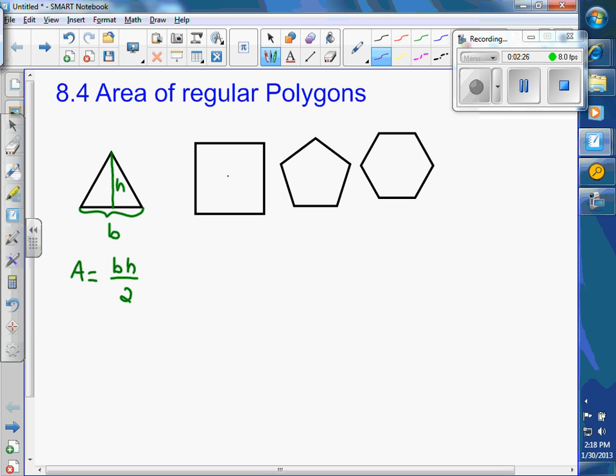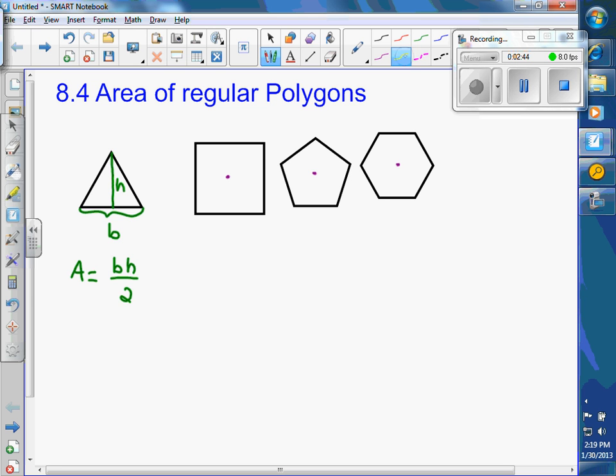I can't remember the specific problem, but if we look at all of these shapes here, these 3 for example, you could think of them because they're regular, they all have a center point, center of gravity.